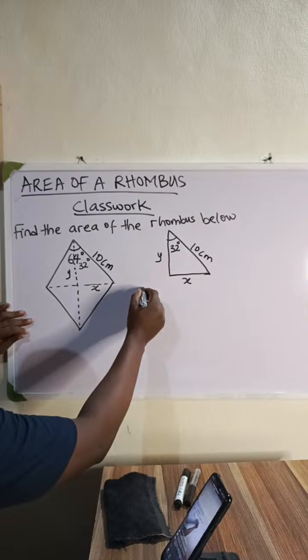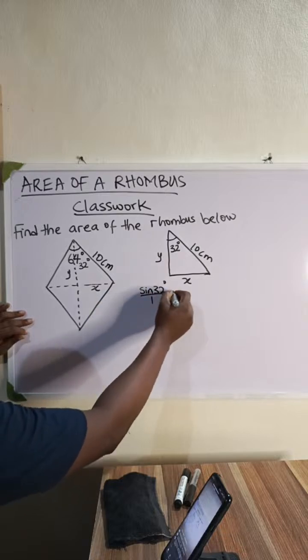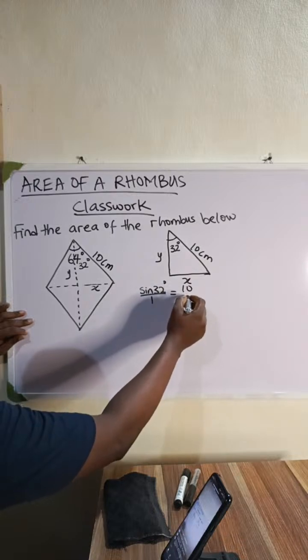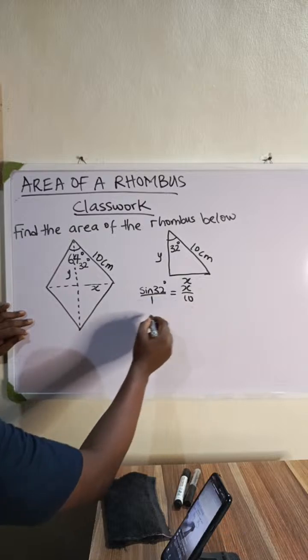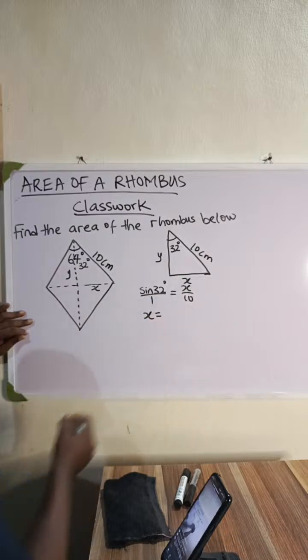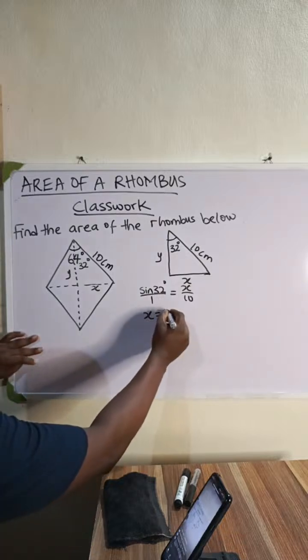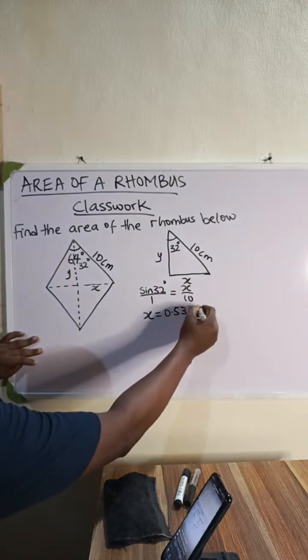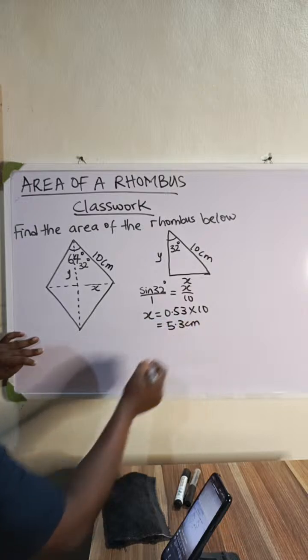So sine 32 degrees over 1 is equal to x over 10. So x is equal to sine 32, which is 0.53. So we have 0.53 times 10, which gives us 5.3 centimeters.